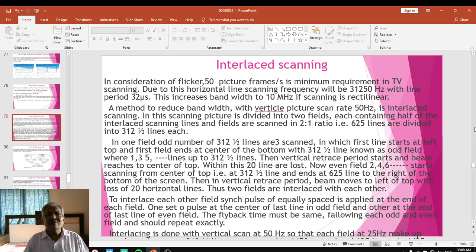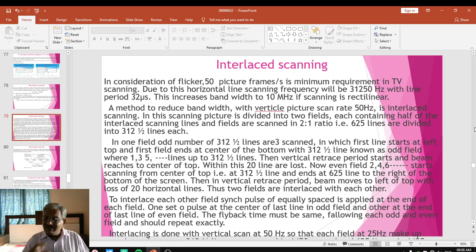Friends, in this way, 625 horizontal lines are scanned from the top left of the screen to the bottom right of the screen, where one vertical scan is completed.